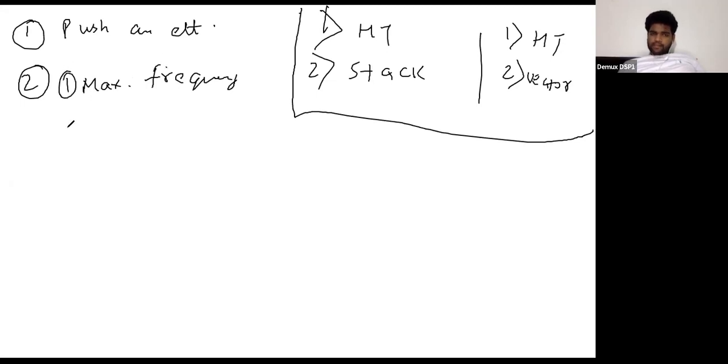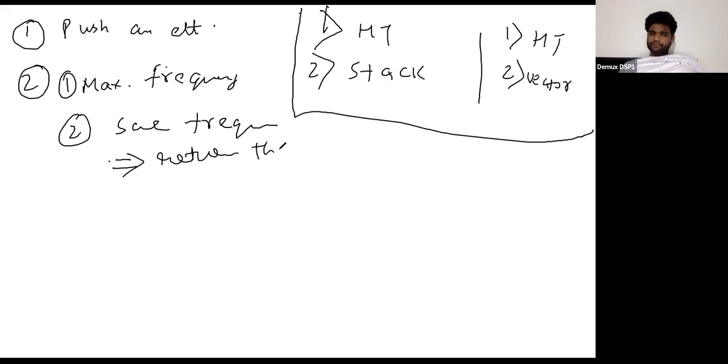And the second thing is if there are multiple elements with the same frequency, then the tiebreaker is that you have to return the most recent one. This is the question.